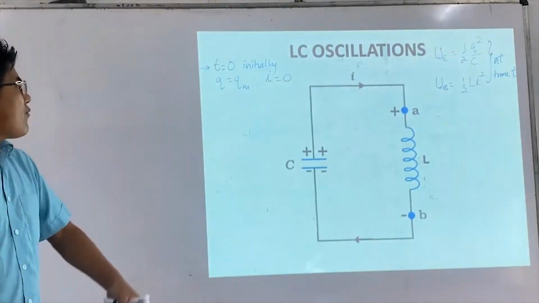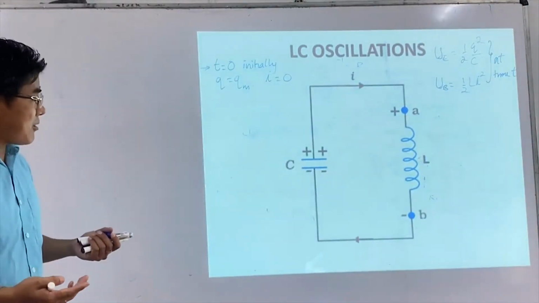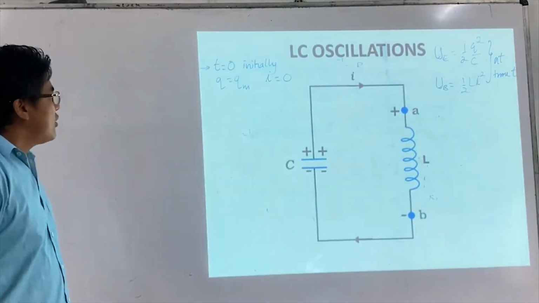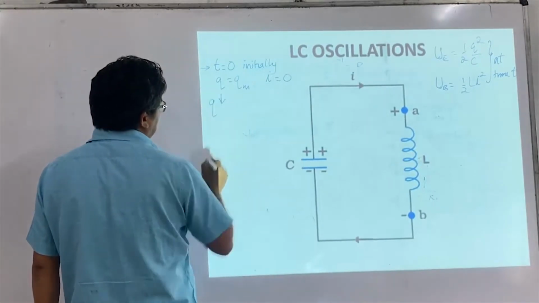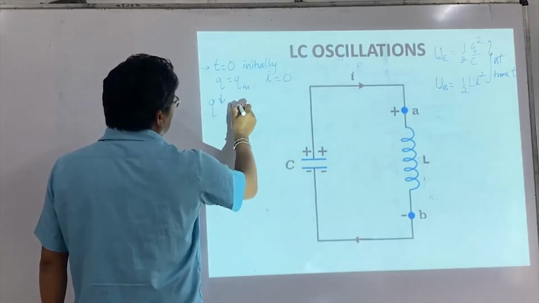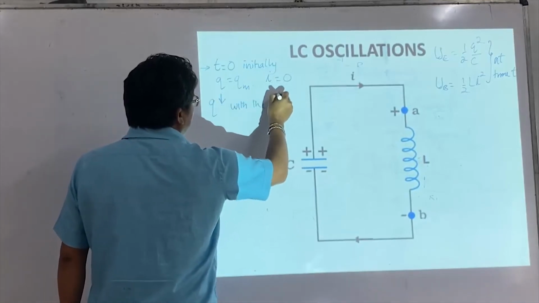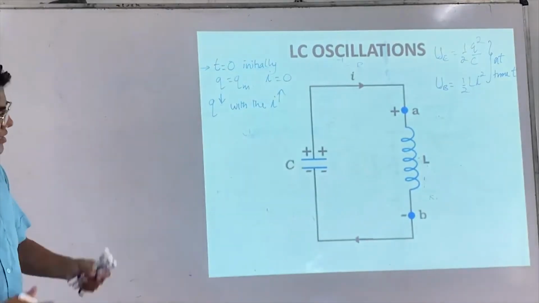When a current flows in the inductor, the charge in the capacitor starts decreasing. So I would say the charge in the capacitor decreases with the increase in the current in the inductor. This is how it goes.